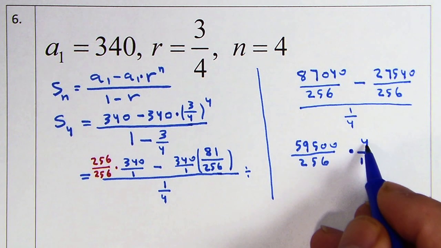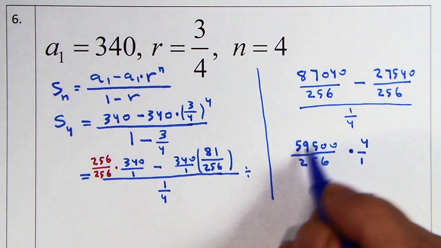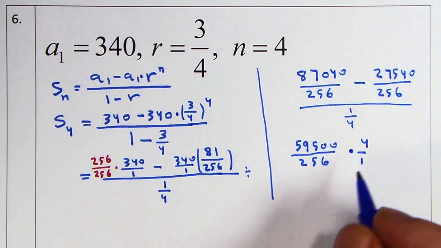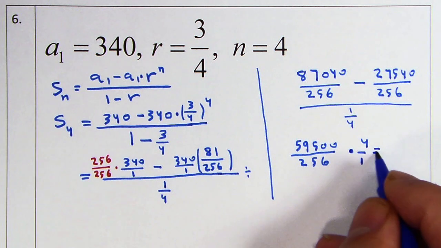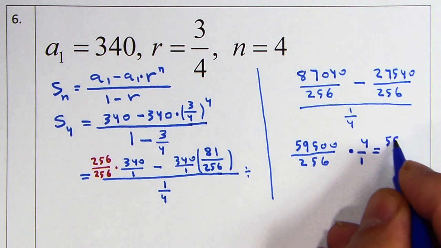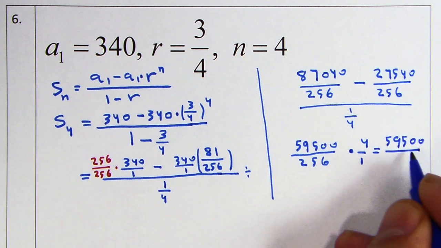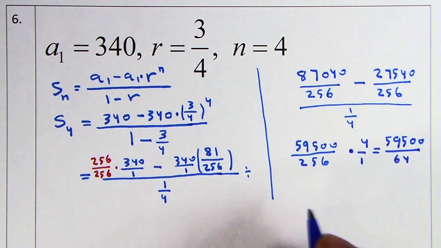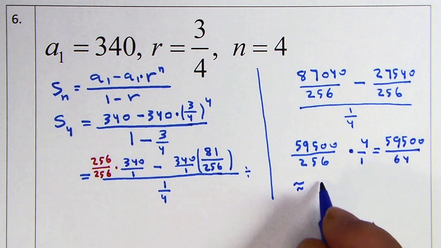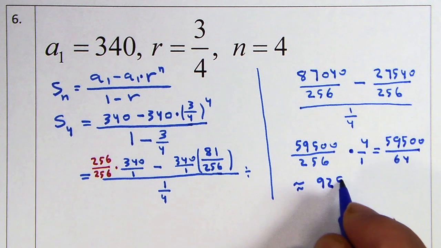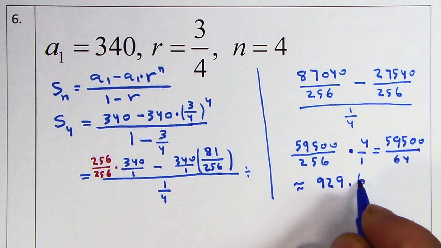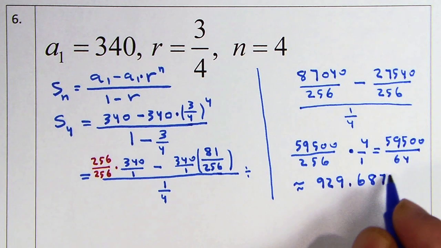This divides by 4, this divides by 4, or you could just use a calculator. It becomes 59500 over 64, approximate to 929.6875.